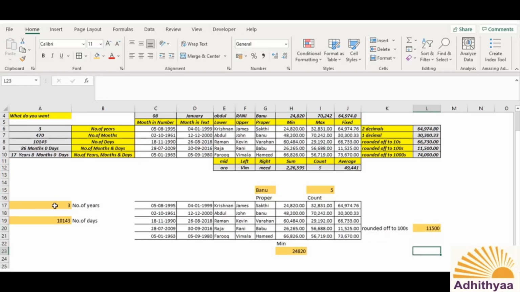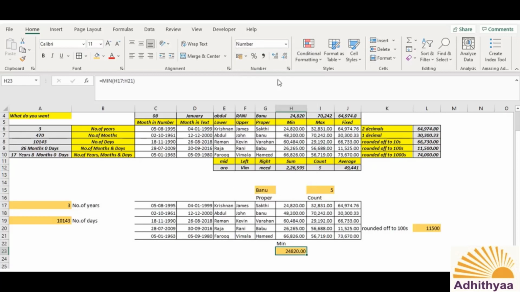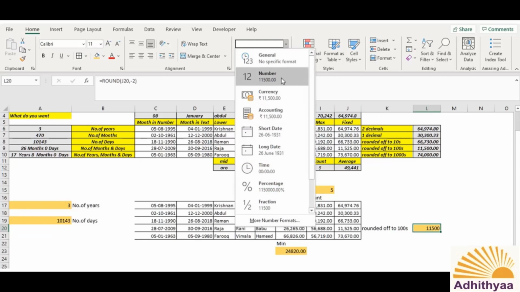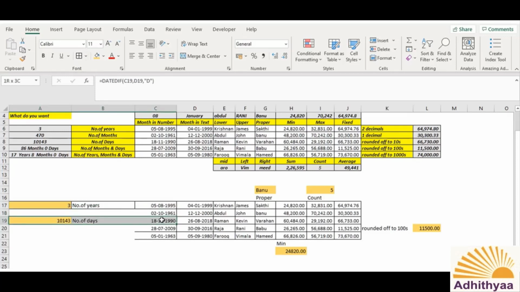If you want to format these differently, since they are numbers, you can say number here and number here. You have got these answers. I will also give some borders here so that you will be able to appreciate the samples as well as the formulas and their respective needs.